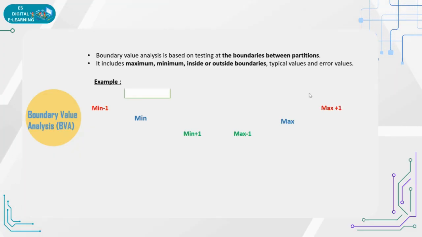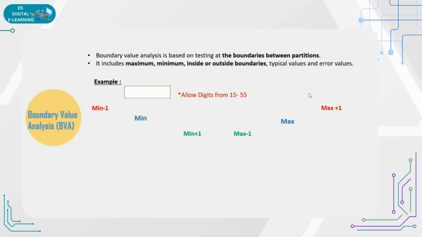Here is an example. I need to allow only the numbers 15 to 55, and I need to do the testing for 15 to 55. What is the minimum value here? 15. What is the maximum value? 55.